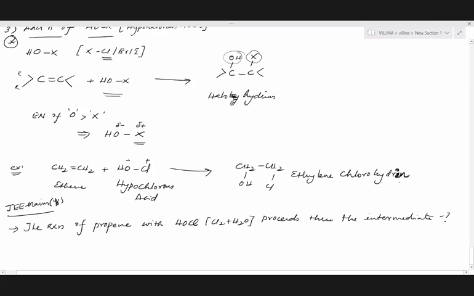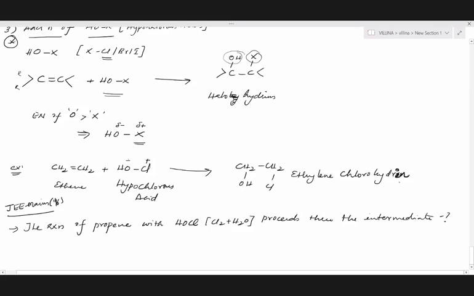And we all know whatever addition reactions we are discussing, each and every one of them is an electrophilic addition reaction, which means the first thing that will be added to the carbon-carbon double bond will be our halonium ion, that is chlorine with the positive charge. So if you take propene, that is CH3, CH double bond CH2, what do we have?